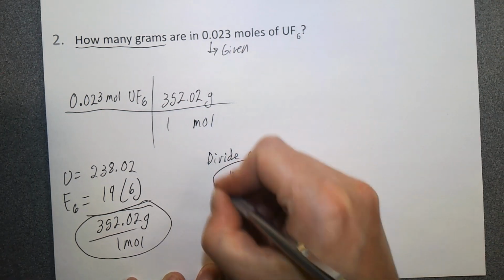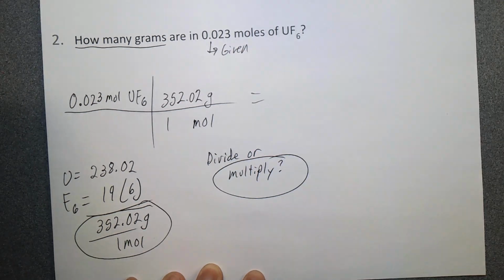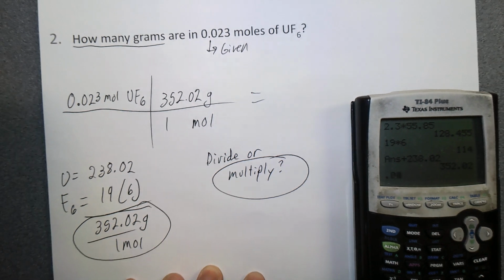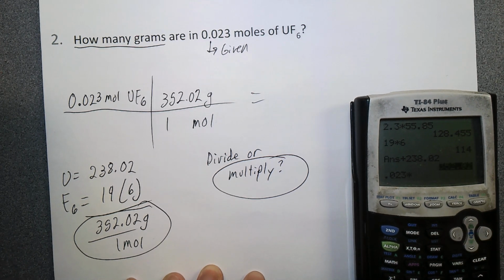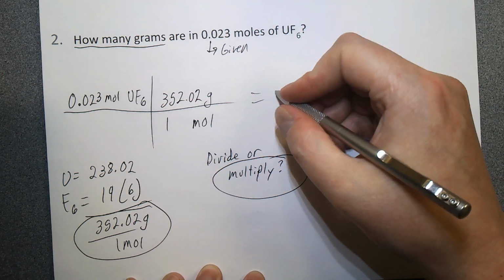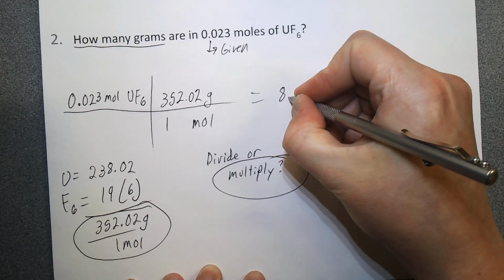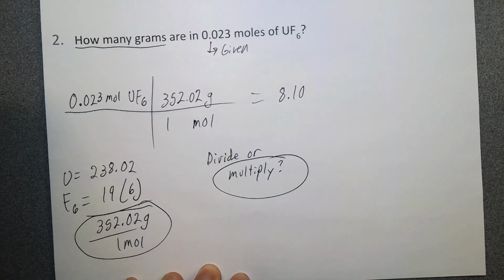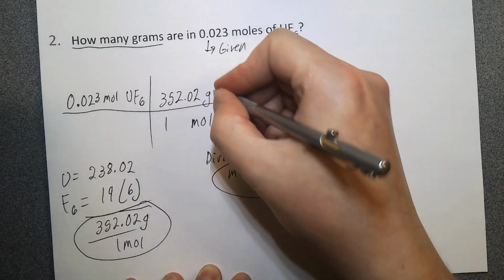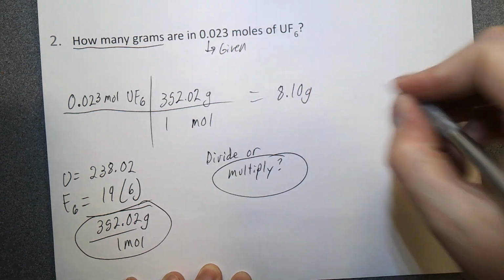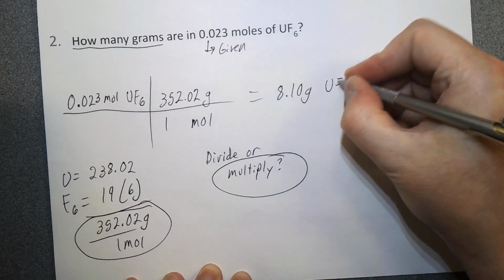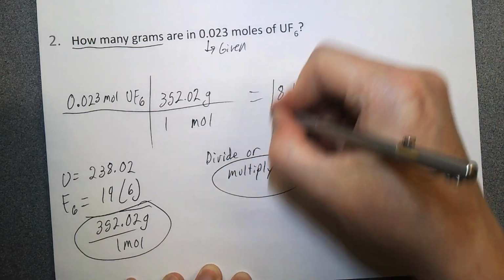So I am multiplying 0.023 times the 352.02. And we will round that to 2 decimal places, so 8.09 is going to get rounded to 8.10. We have to be specific about how many and what. We are using grams, and that is UF6.